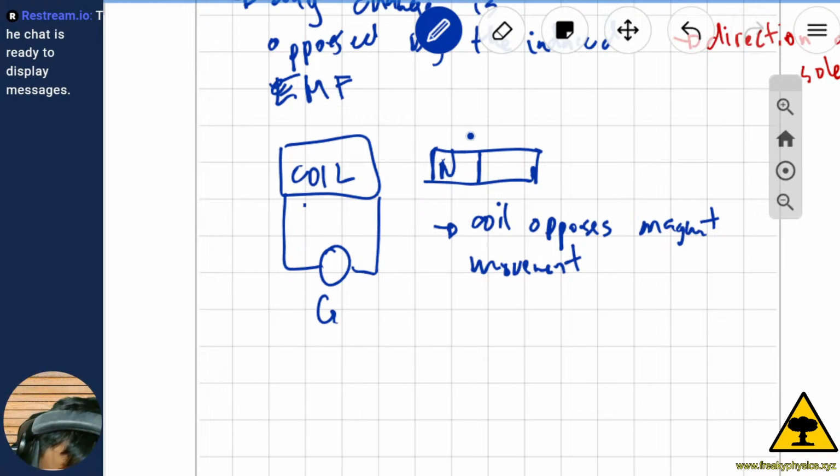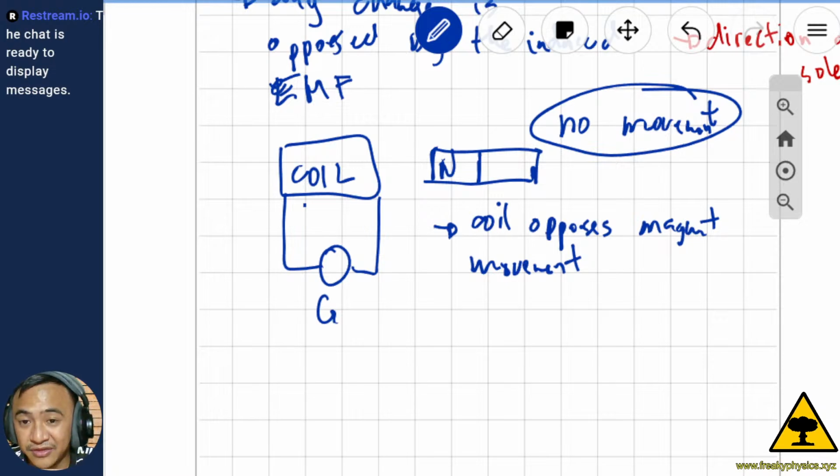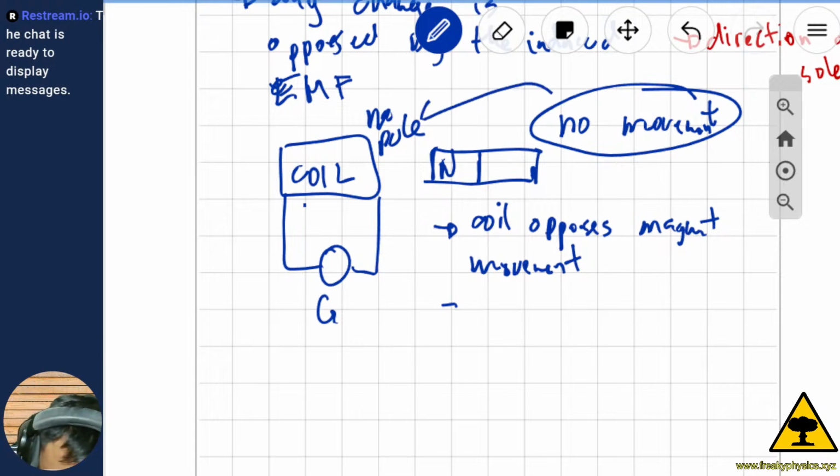So in this case, if there is no movement, because there's nothing to oppose, there is no pole here. If there's no movement, there's no pole, even if the north is next to the north.